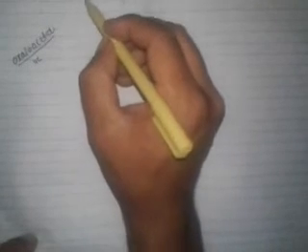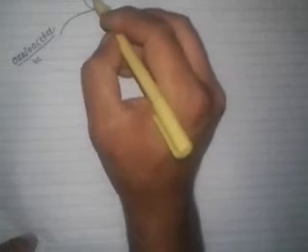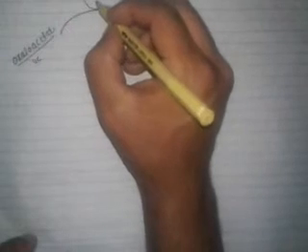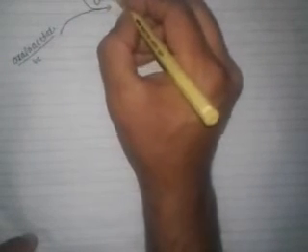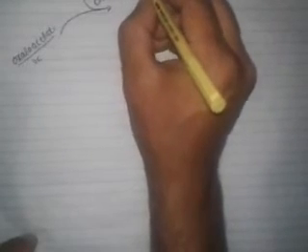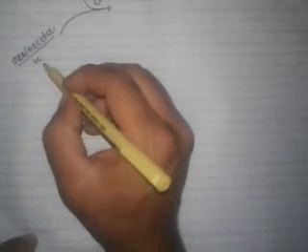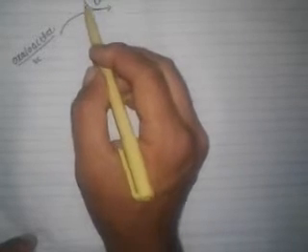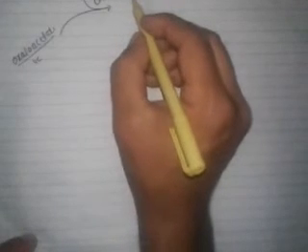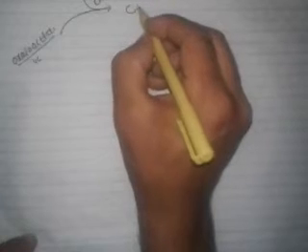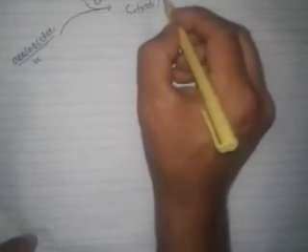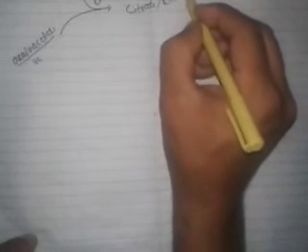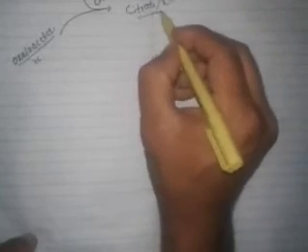The oxaloacetate and acetyl coenzyme A combine through the enzyme citrate synthase and make a 6-carbon compound called citrate, or citric acid.